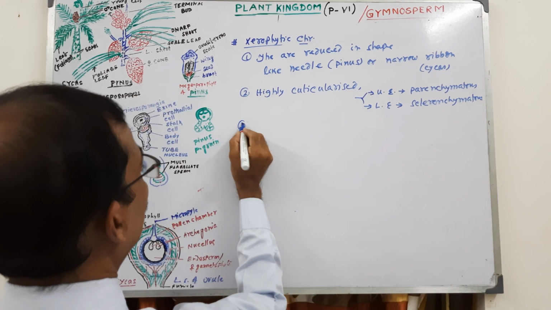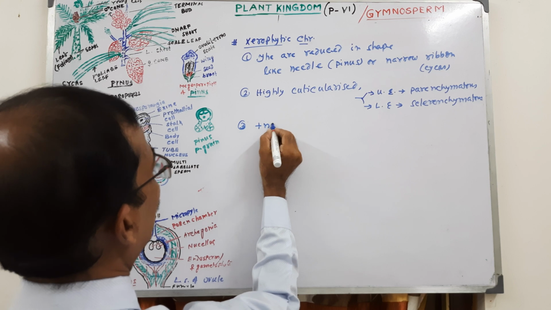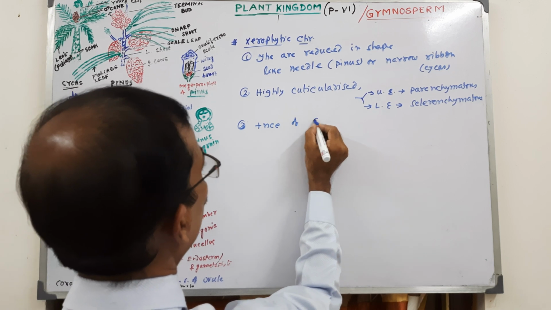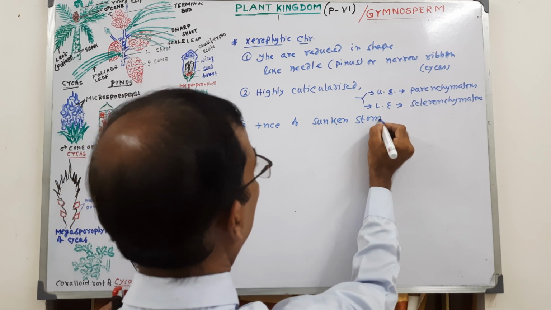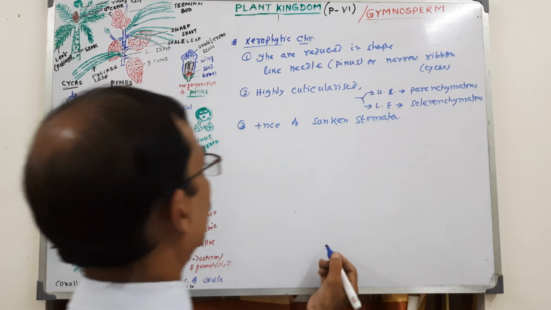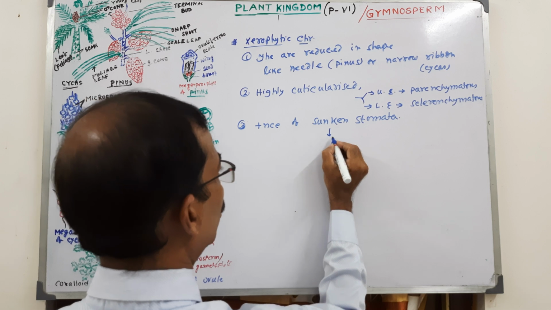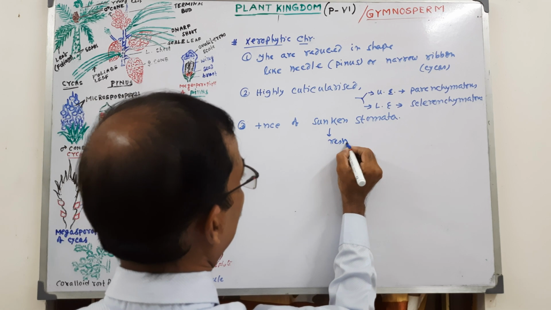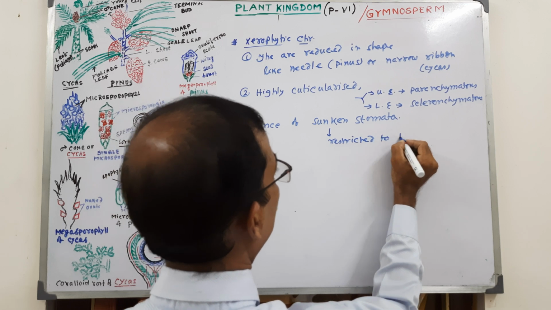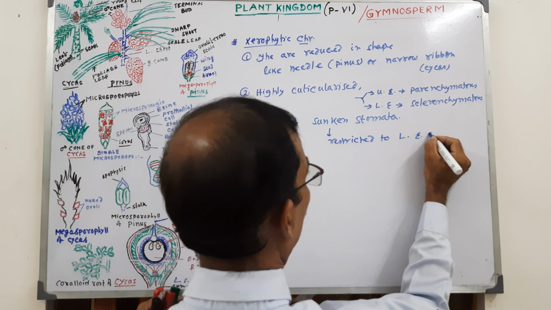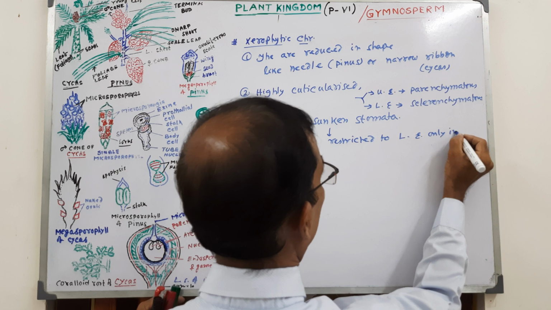Number 3, presence of sunken stomata, restricted to the lower epidermis only in Cycas.